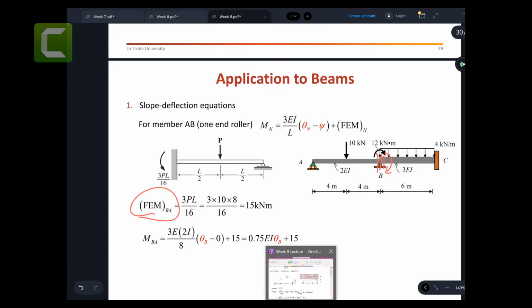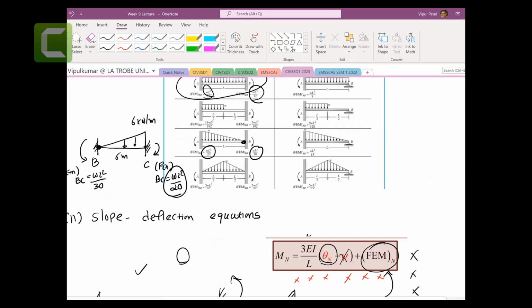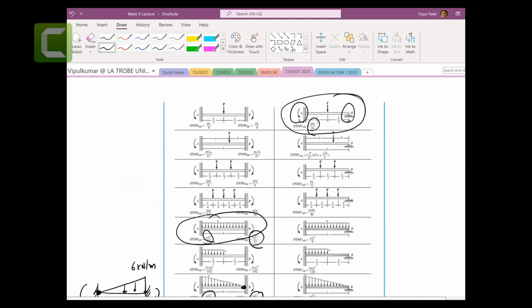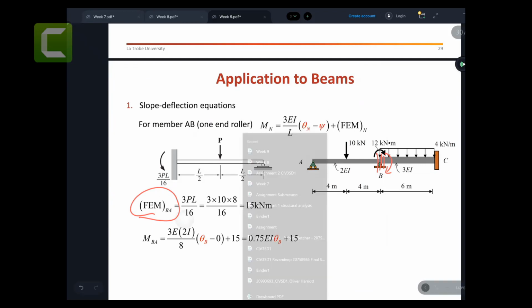There are tables where you can calculate this 3PL over 16, depending on clockwise or anti-clockwise. You can put positive. Yeah, in here that is clockwise, right? So that is 3PL over 16. And yeah, there are different EI.